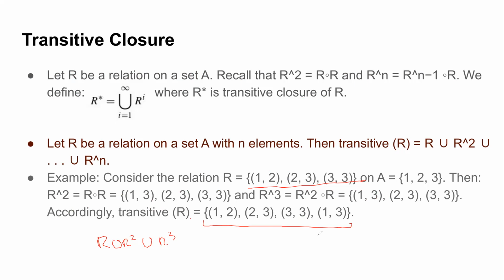So just to summarize, what is closure? Closure of any relation is the smallest possible such relation. Like the reflexive closure of a relation is the smallest possible reflexive relation formed for R. Similarly, symmetric closure on R is the smallest possible symmetric relation that you can form on R. And the same applies for transitive, right?